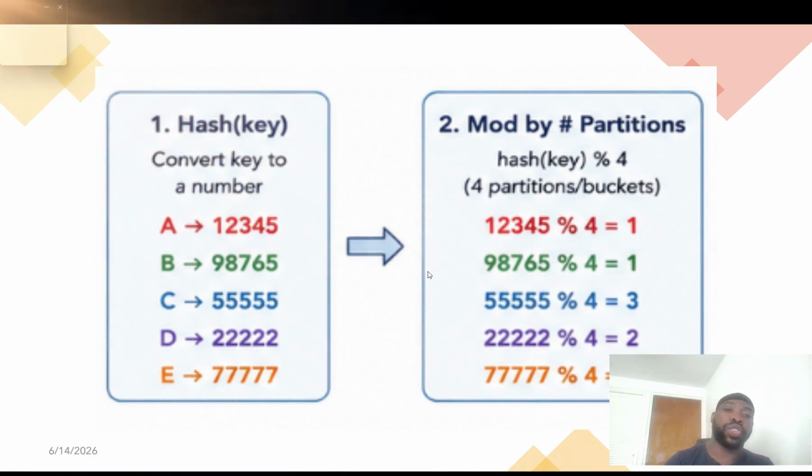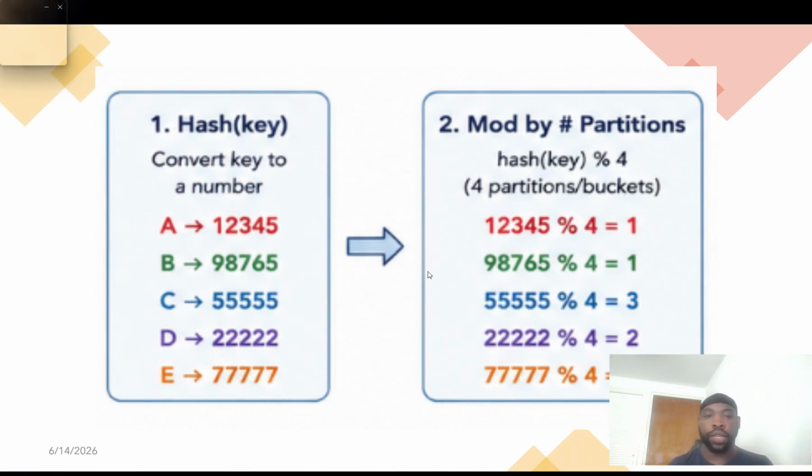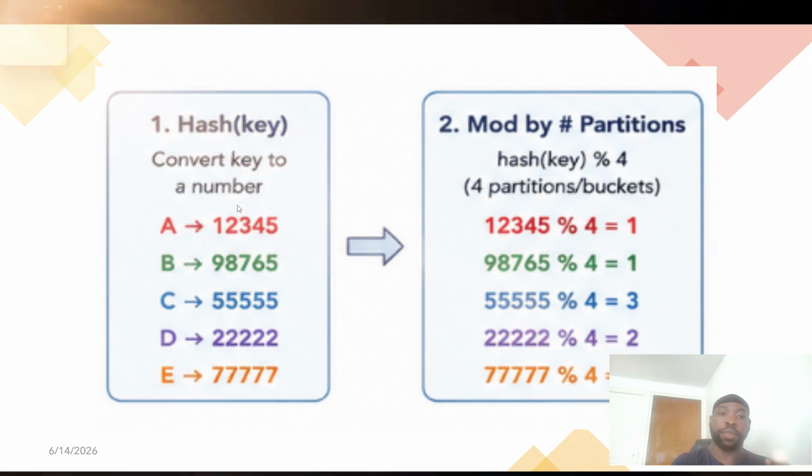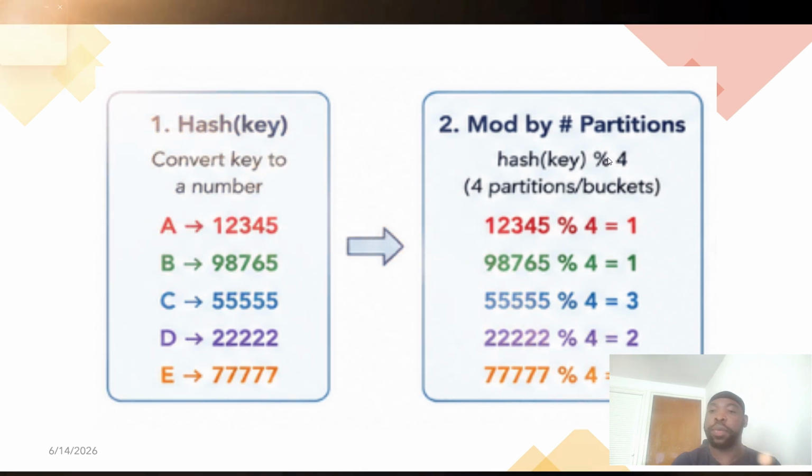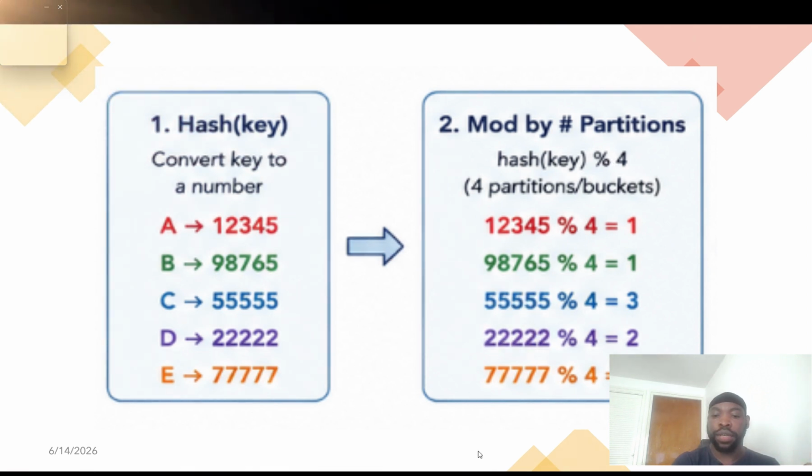Now, how does Spark assign these records to their partitions? As I mentioned earlier, Spark uses a hash of the key. Basically, you put the key, like key A, into the hash function and it converts it to a number. Then it uses modulus with the number of partitions within the cluster.